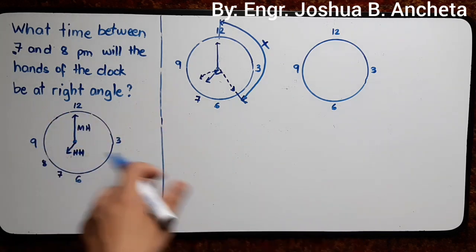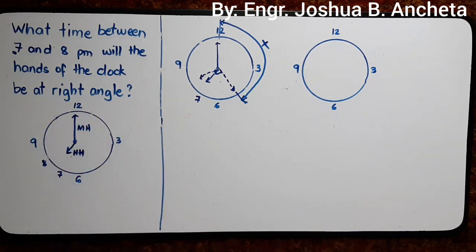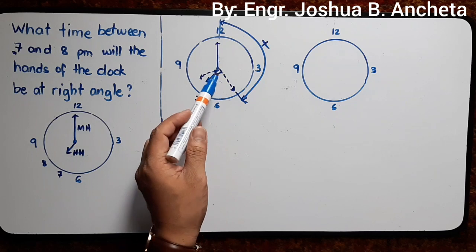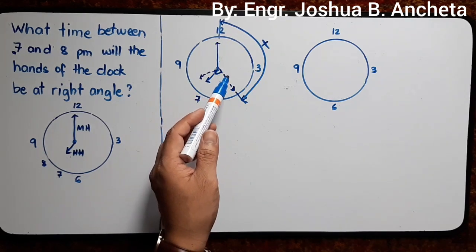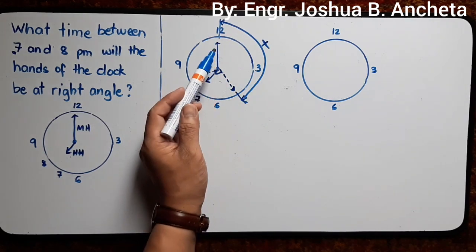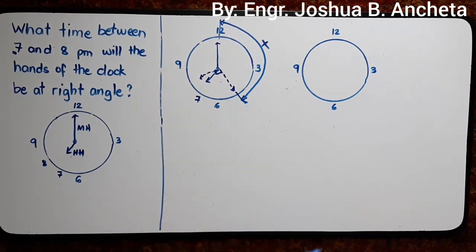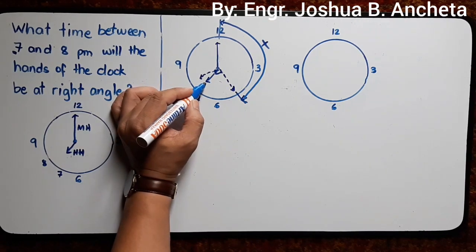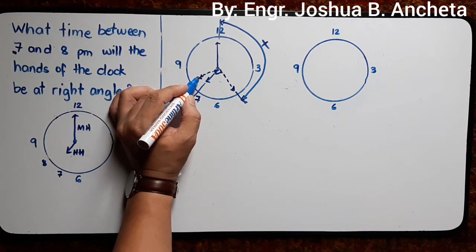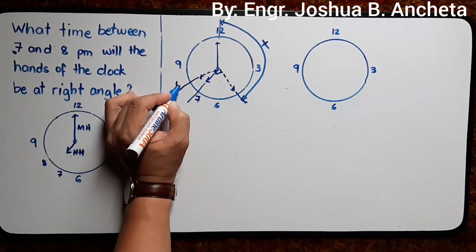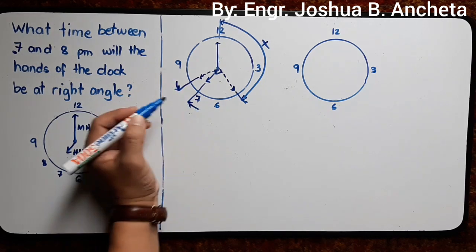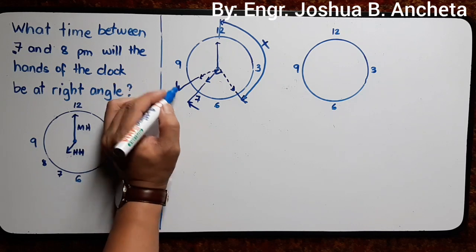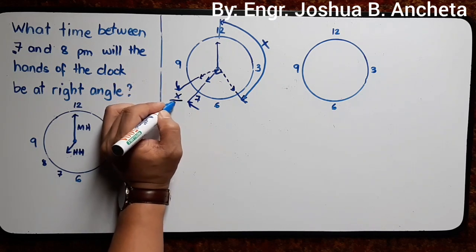In clock problem analysis, the movement x of the minute hand is equivalent to x over 12 for the hour hand. So therefore, from this position of the hour hand up to this, we can represent this as x over 12.